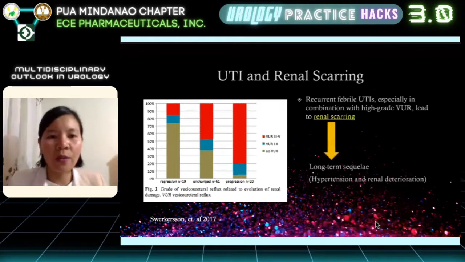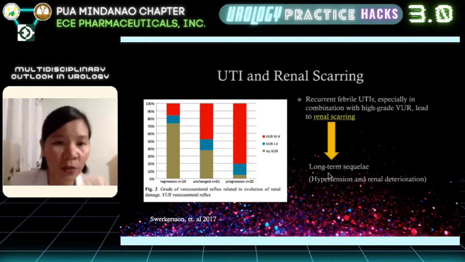So why are we concerned about children having UTI? It is because of renal scarring. And we know that renal scarring can lead to long-term sequelae of hypertension and renal deterioration.